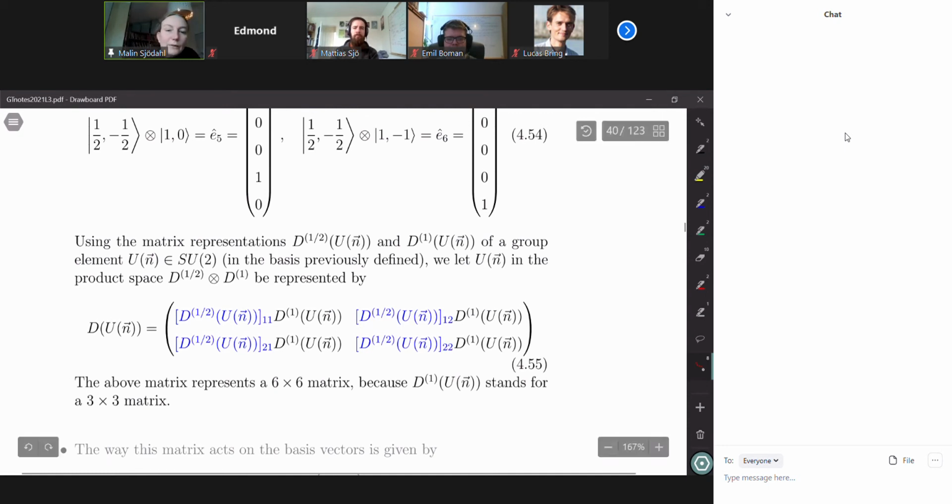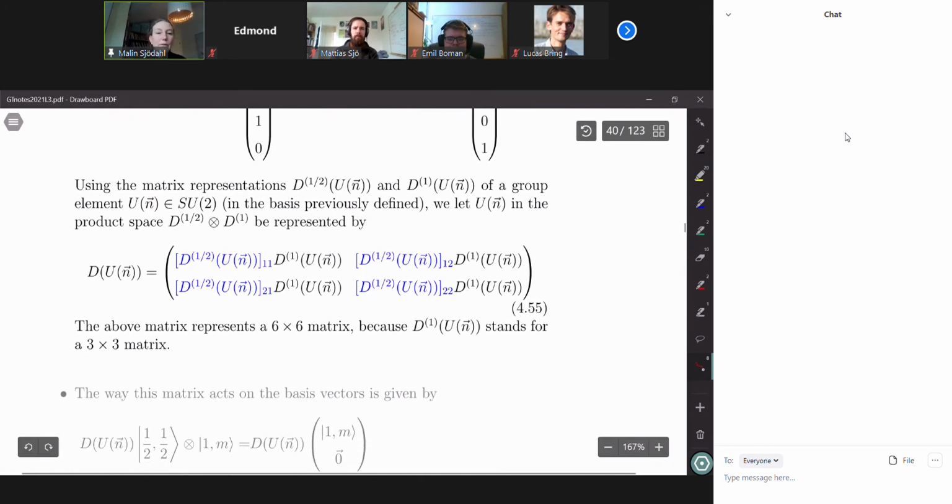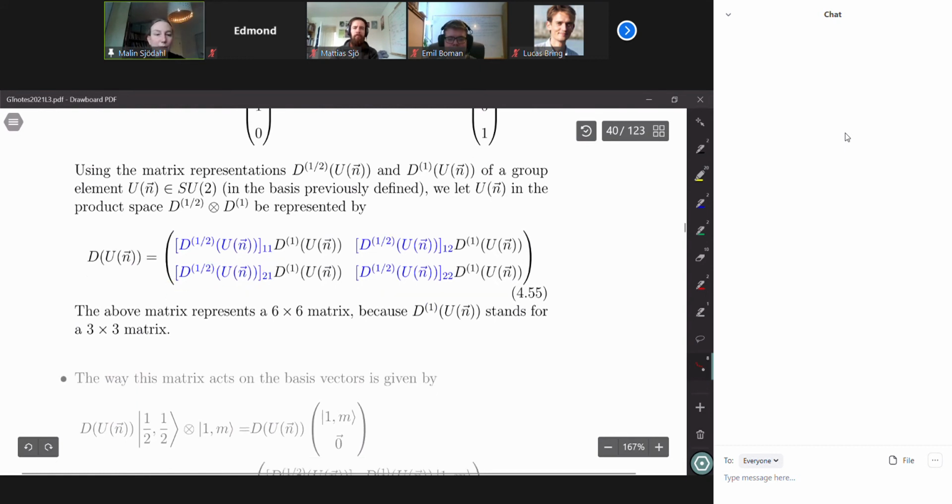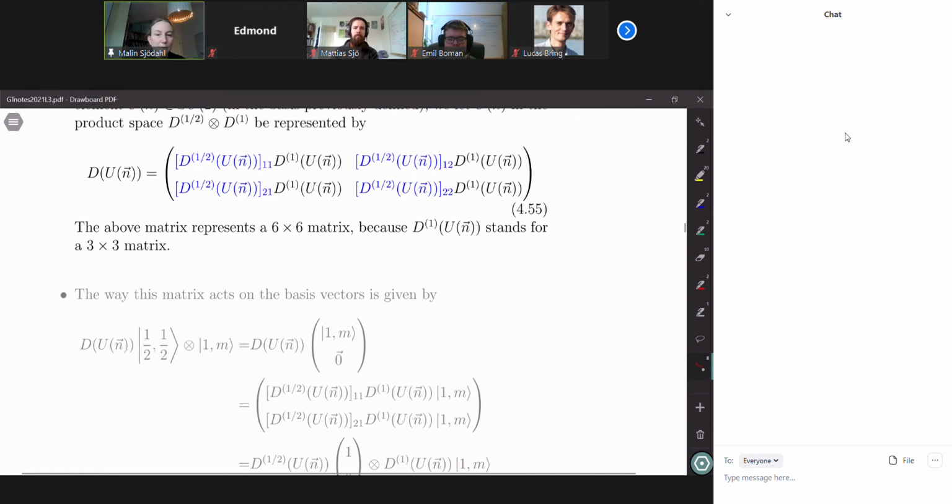And then we insert this D1, so the 1 representation from here. It goes there, and there, and there, and there. This is then the full representation acting on this direct product space with the basis vectors that we had up there. And of course, this is a 6 by 6 matrix because these are 3 by 3. So it's a large matrix.